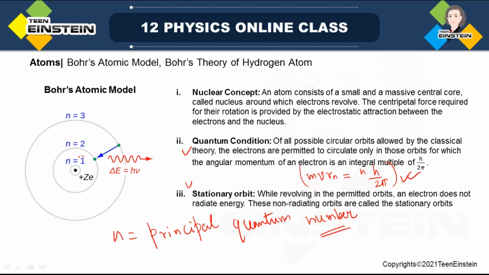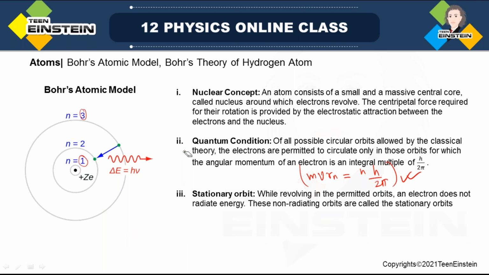So see here, n equal to 1 means the first orbit, n equal to 2 means the second orbit, n equal to 3 means the third orbit, like that. All right. Now we have got the stationary condition, so the stability of the atom can be explained.